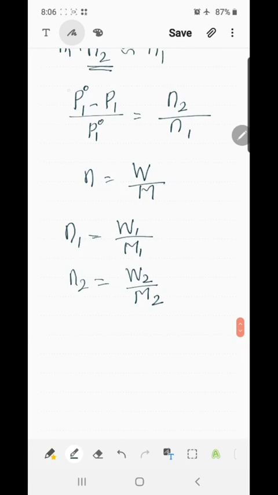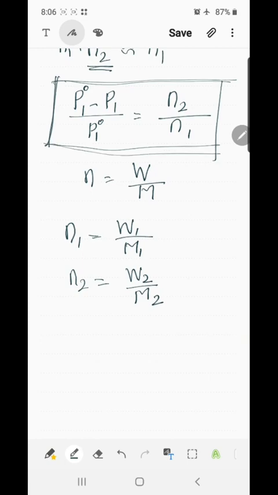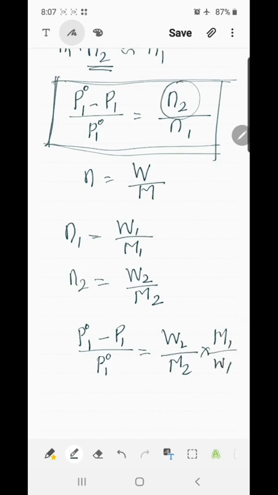If we substitute these two values in this equation, we get (P01 minus P1) upon P01 is equal to W2 upon M2, which is for N2, into M1 upon W1, because it is divided by M1, so if we reverse it, M1 upon W1.